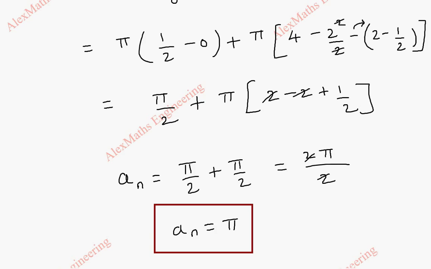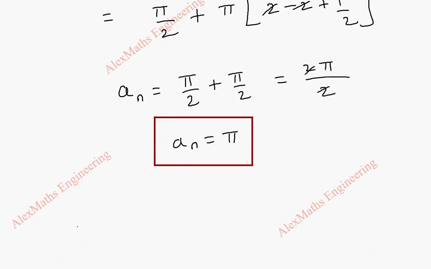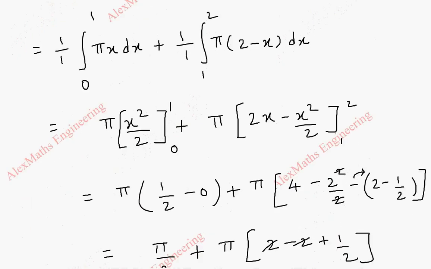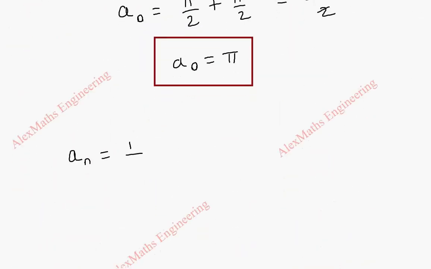Now as the next part, we are going to find an. So an by formula, it is 1 by L integral 0 to 2L f of x cos n pi x by L dx.